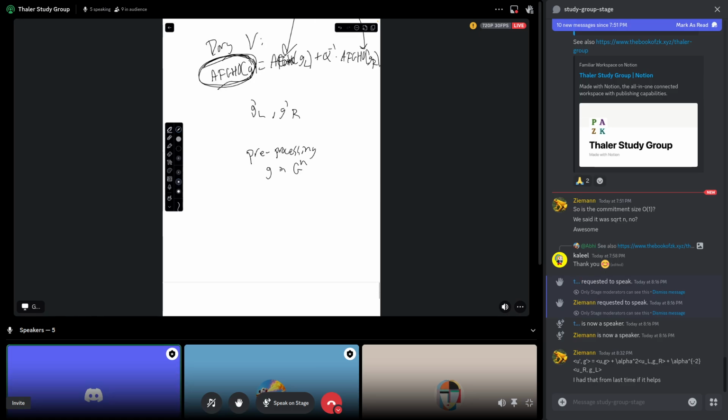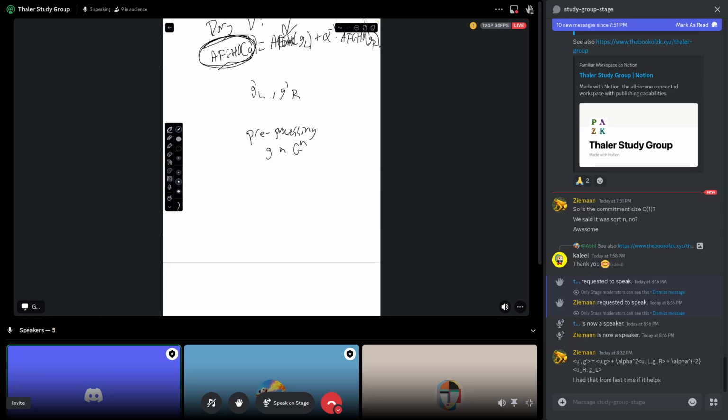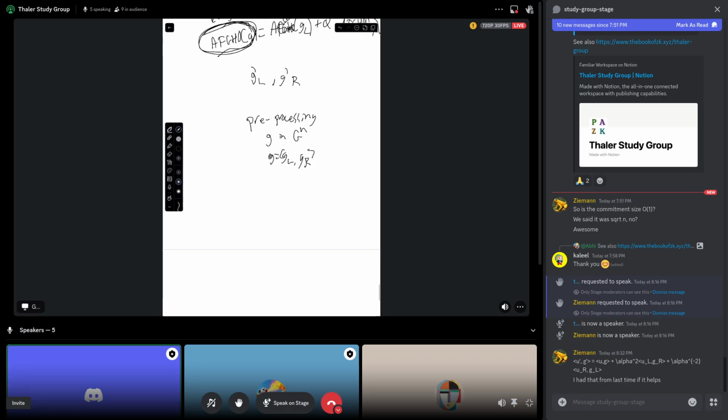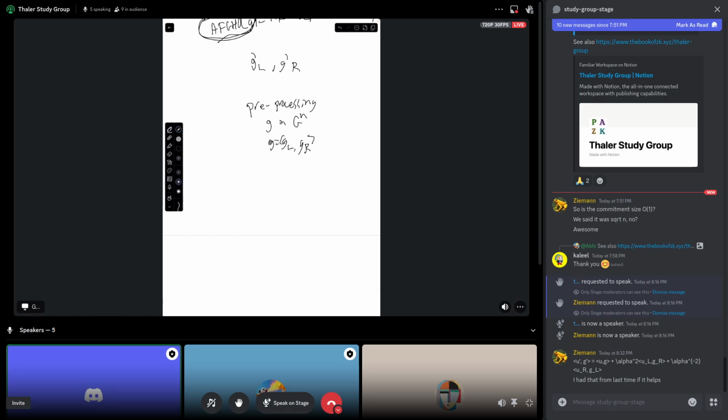I'm going to drop the subscript here finally because my brain is already fried. Which we write as G equals GL and GR. Okay, and then the preprocessing phase produced the AFCO commitment to GL and GR.